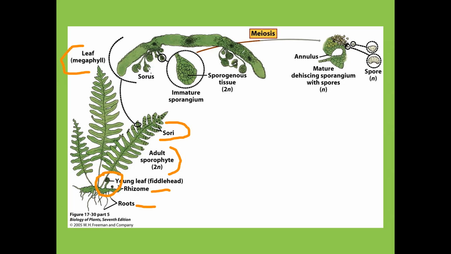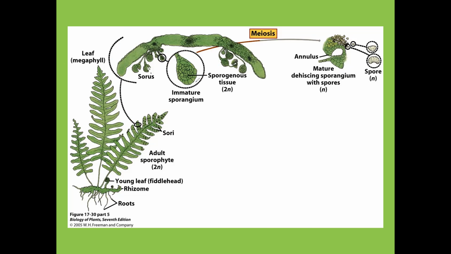emerge as fiddleheads, right? So if we were to zoom in onto one of these, one sorus, we would see clusters of sporangia. And if we were to zoom into one sporangium, this is it here.